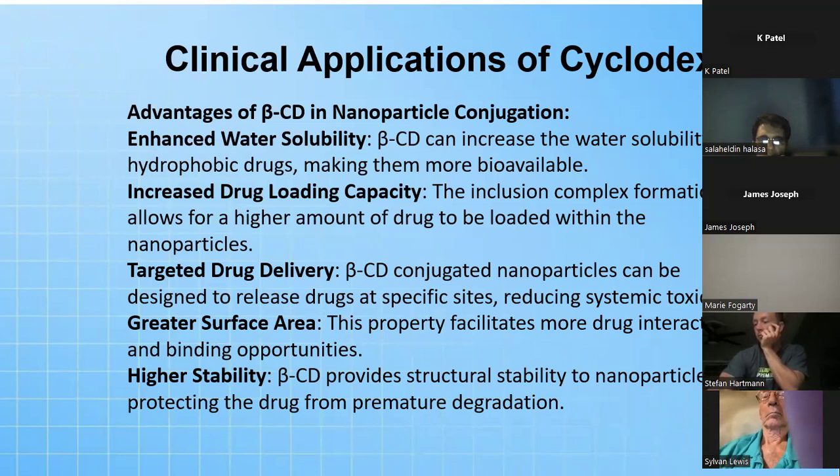Greater surface area. This property facilitates more drug interaction and binding opportunities. That's a good thing, especially when you have a problem with antibiotic resistance, where the bacteria develop resistance and the receptors that pick up those antibiotics mutate and change.